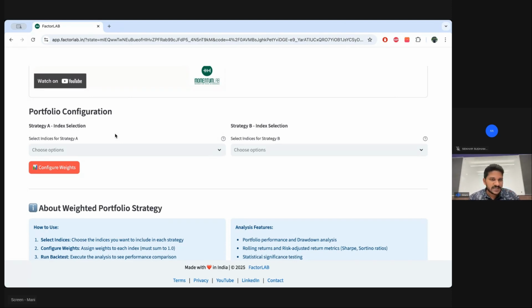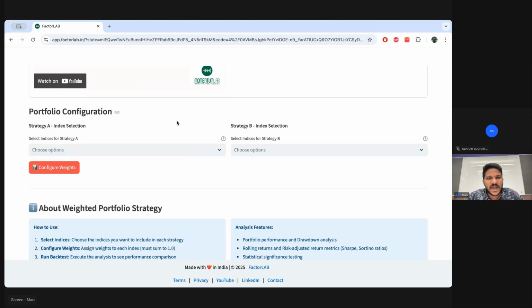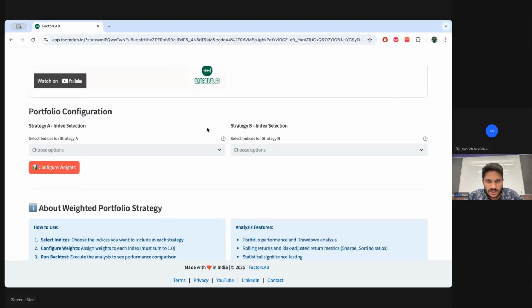That's why you have this structure here, with strategy A on one side and strategy B on the other. Here you can select the indices that you have in mind, and compare that with one of the indices, or with a benchmark.